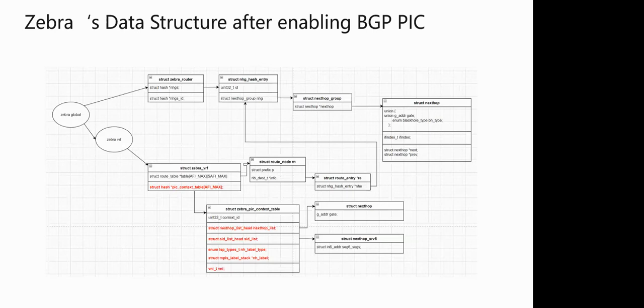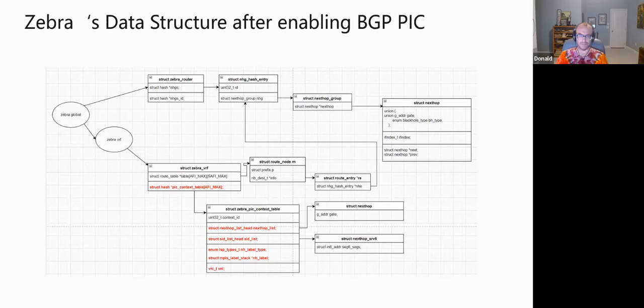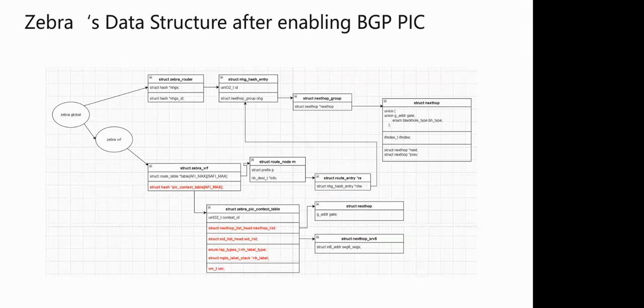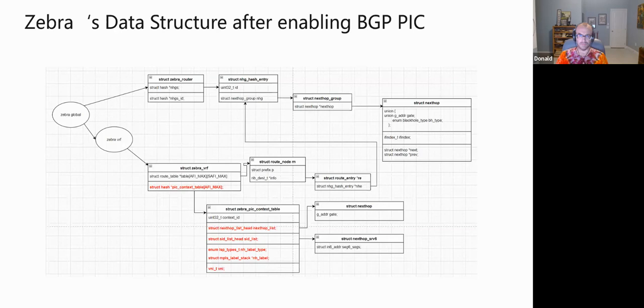Then next week we can go over the data structure changes as well as the SAI, how we map the structure from the PMSync to the Zebra to the SAI. Good.